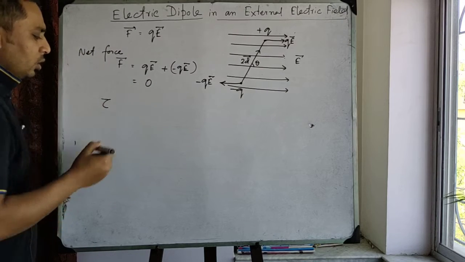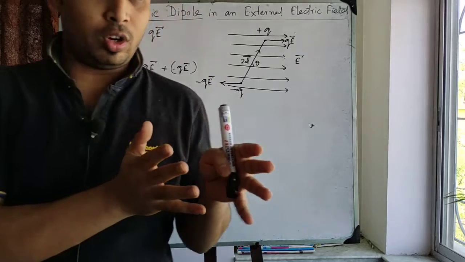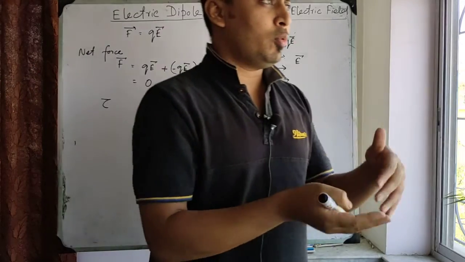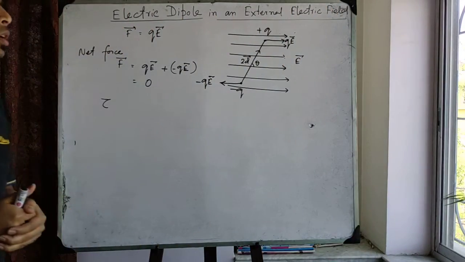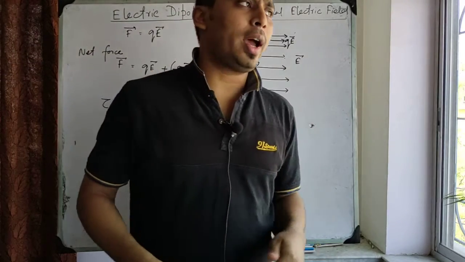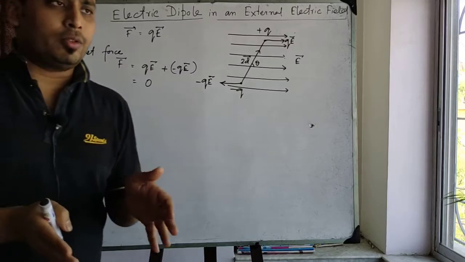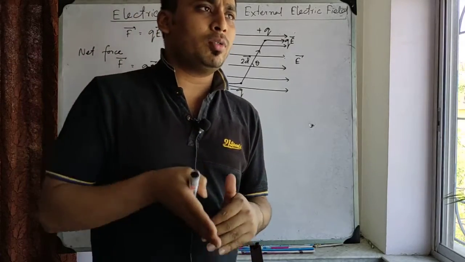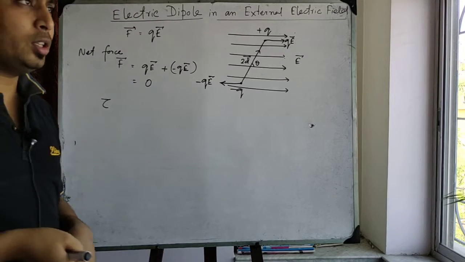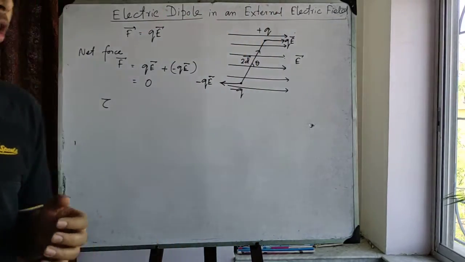How to calculate the torque? Torque equals r cross F. That is from the definition in class 11: if two equal and opposite forces act on a body, then the product of either force and the perpendicular distance between the lines of action of the two forces is called the torque.